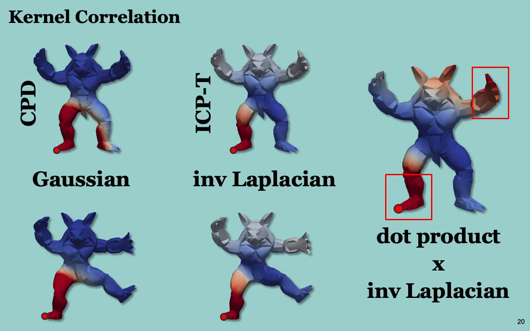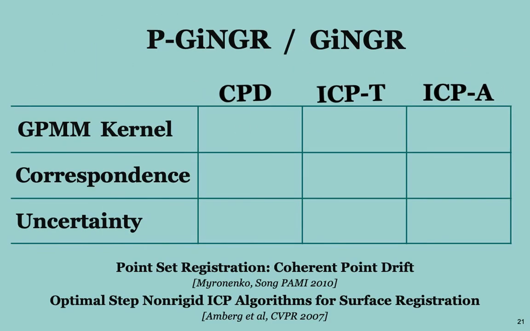So here it should be noted that for the CPD method, the kernel is explicitly mentioned in the paper. In the ICP paper, the kernel function is only implicitly given in the form of the regularization in a minimization problem. And so going back to the table, we can now insert our findings.